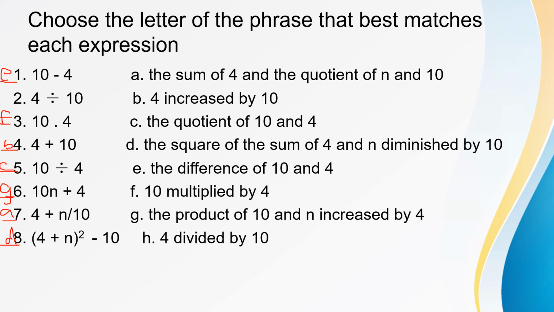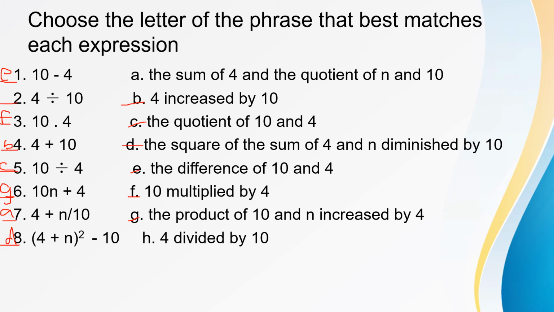Okay, so that means, what should be the remaining one? So, we have already E, F, B, we have C, we have G. Okay, which one do we not have yet? 4 divided by 10.